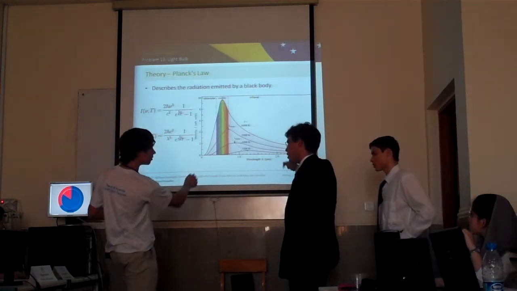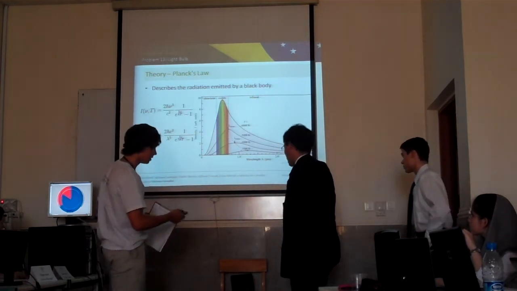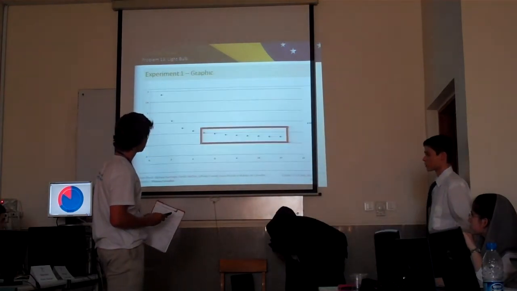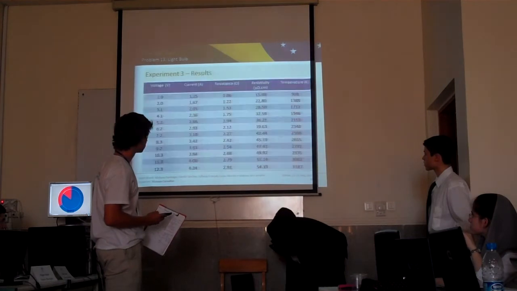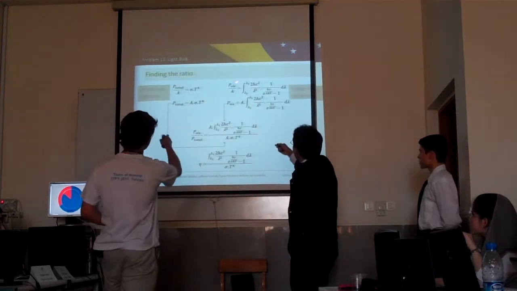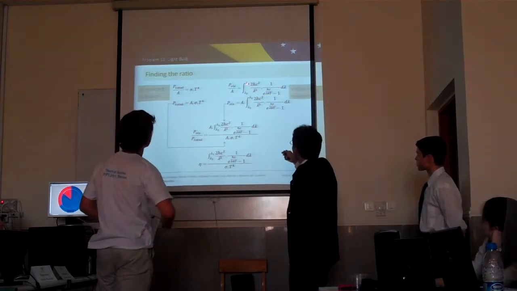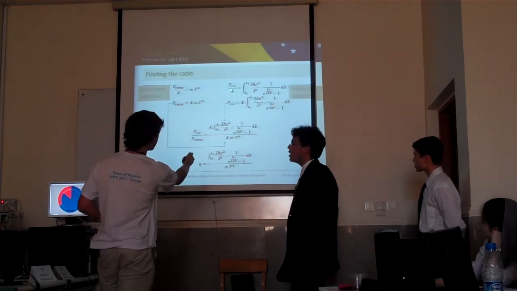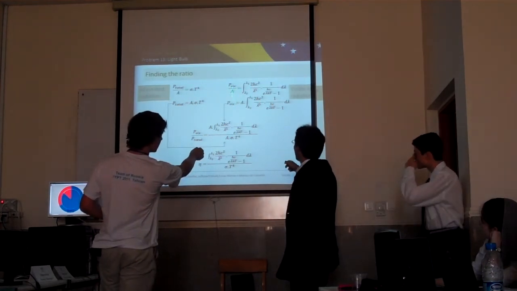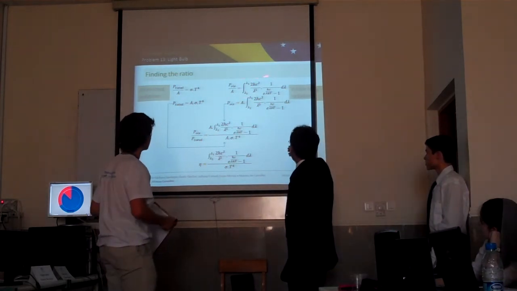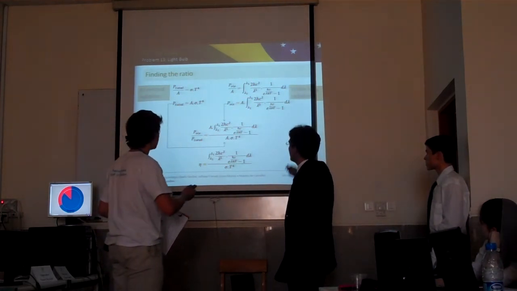Yes, I did it. I can show it. This is how I calculate the ratio. It's the Planck law, here's the definite integral. A is the area of the tungsten filament.